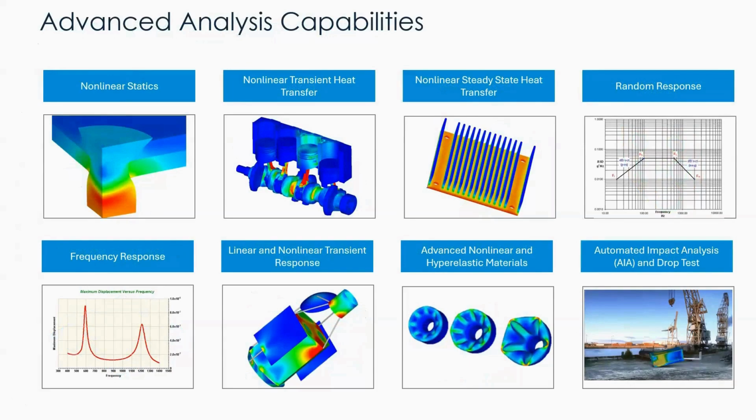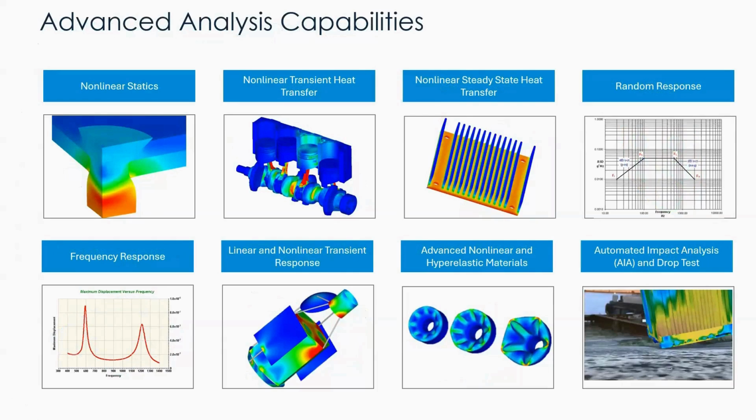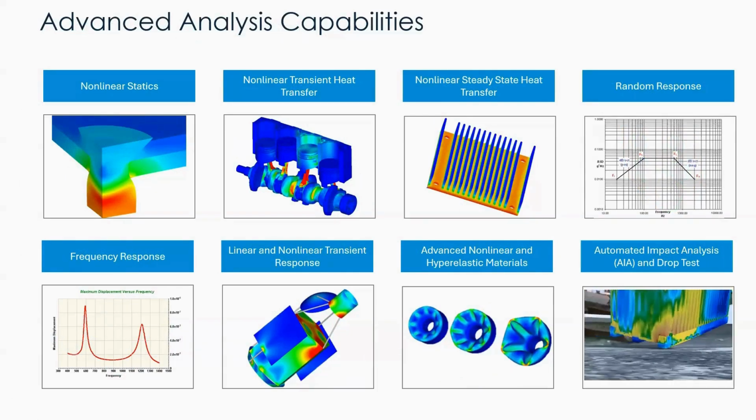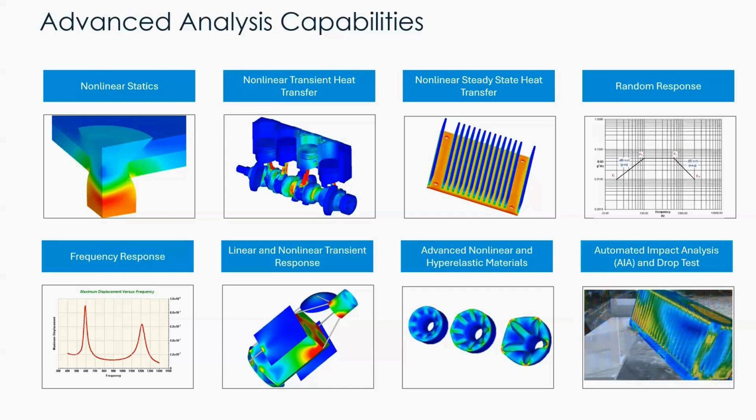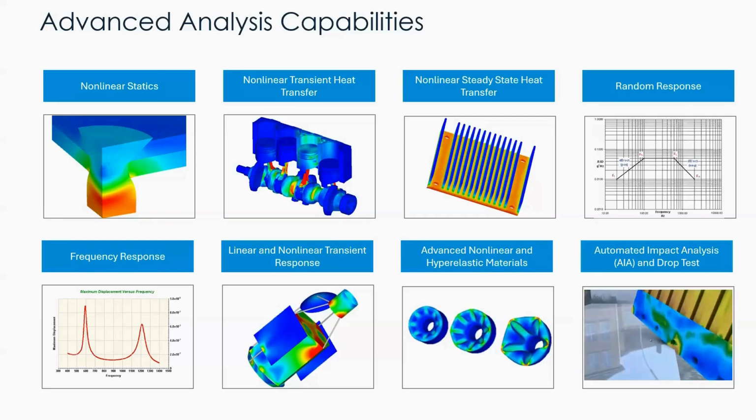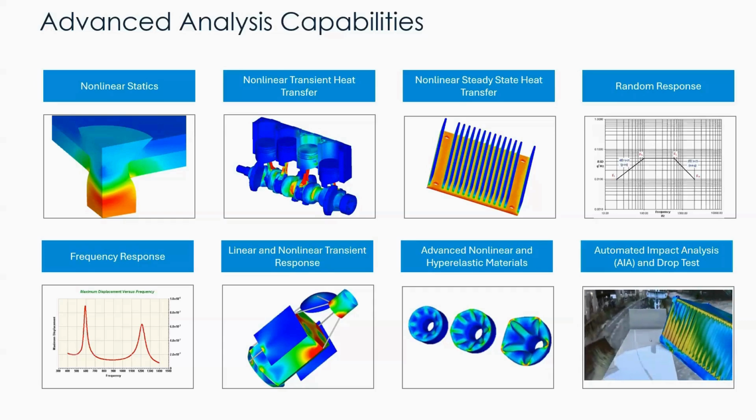We can also perform frequency response, which determines the structure's harmonic response based upon the frequency-dependent load. There are also automated impact analysis like AIA and drop test, which we can perform through the software. Sophisticated treatment provides realistic and meaningful impact and drop test simulations, and the only inputs required are projectile velocity and accelerations.